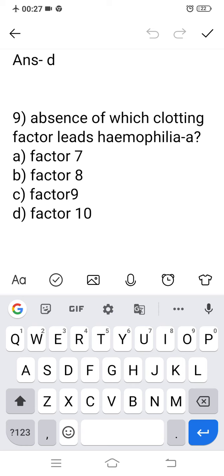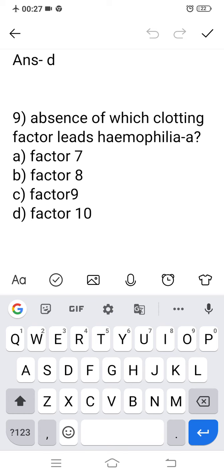So option A, factor 7. What is the name of factor 7? Proconvertin is the name of factor 7. Option B, factor 8, is called anti-hemophilic factor A. Option C, factor 9.